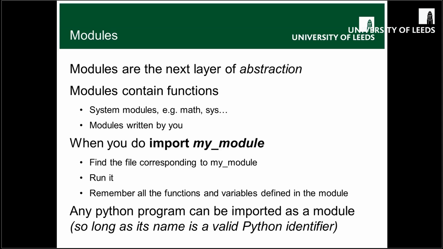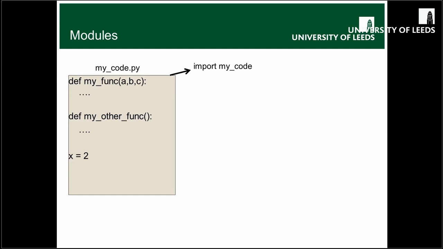Okay, so here's a quick example of how things happen. We have this file mycode.py, and it has a couple of functions and a variable. If I do import mycode, then what happens is it finds mycode.py and runs it. In running mycode.py, it defines a couple of functions and a variable, and then it remembers what those all were.